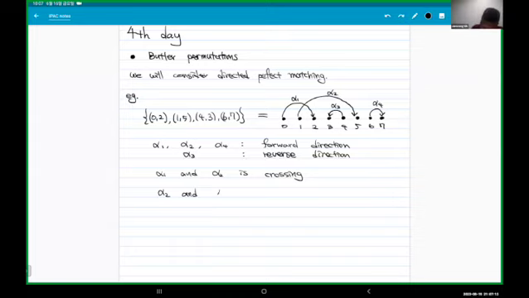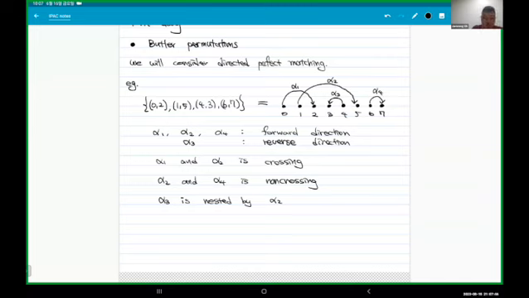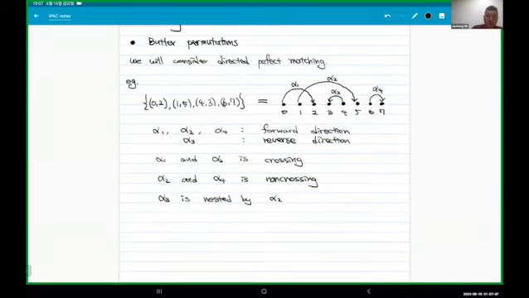Alpha 2 and alpha 3 are also non-crossing, but we say that alpha 3 is nested by alpha 2. Alpha 3 is inside the arc alpha 2. From these notions, we can define the Butler permutations.